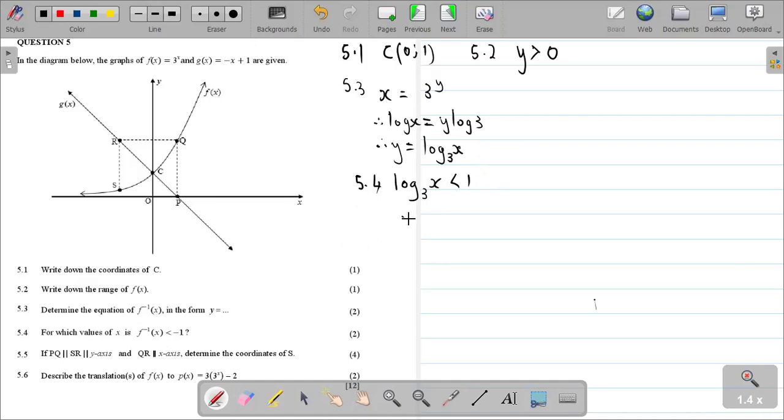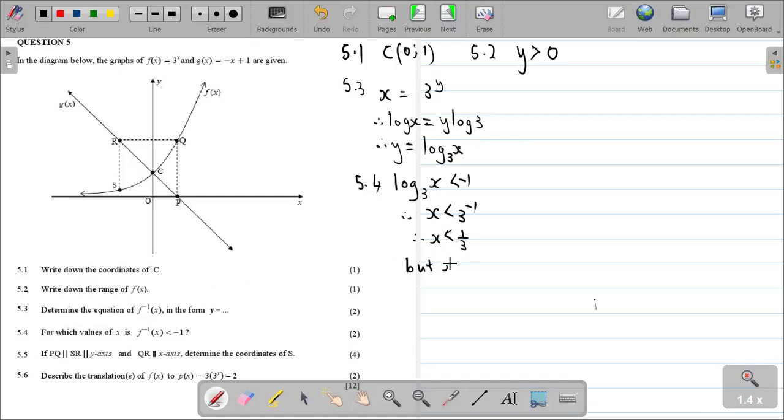So x is less than 3 to the power 1, which is 3. Hold on, x is less than 3^1.